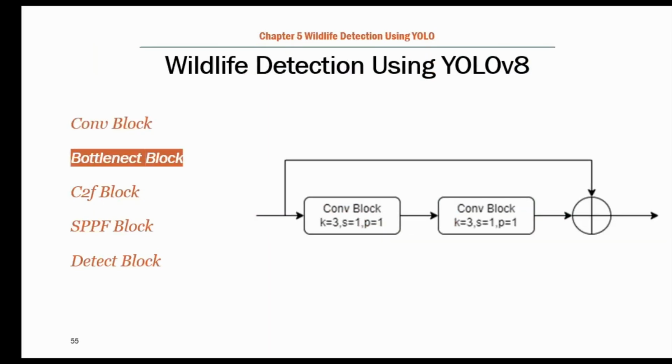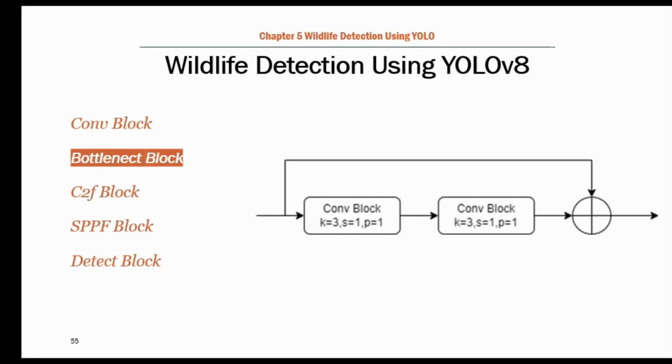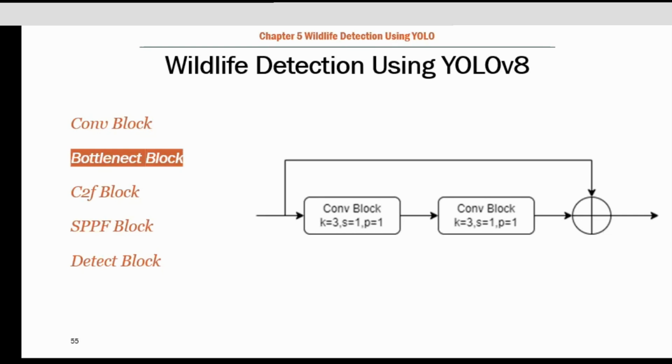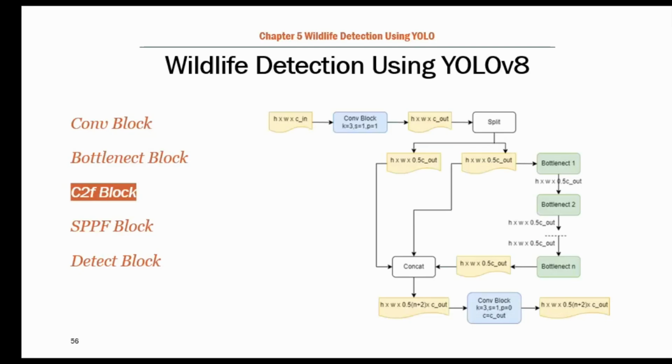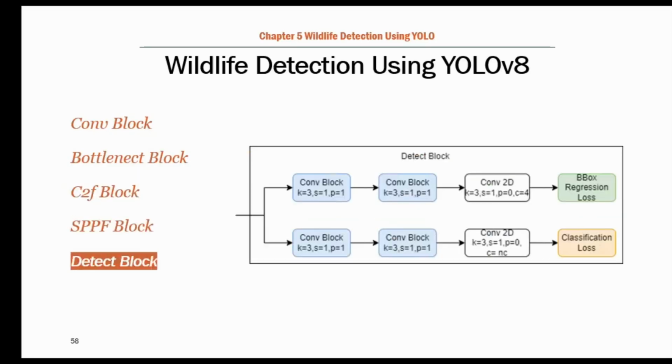Convolution block is the basic block in the framework of YOLO, which can be used to create the bottleneck block. And the convolution block and the bottleneck block can be used to construct the C2f block. And the C2f block can be used to construct the SPPF block and the detect block. When you first see these terms, I think you will feel very confused. Actually, each block is a convolution neural network.